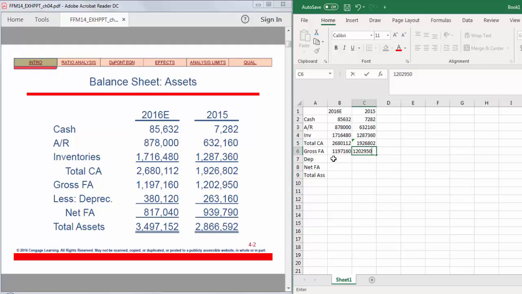Gross fixed asset 1,197,160 and 2,295,0, depreciation 380,120 and 263,160. So this is going to be the fixed asset minus depreciation, and then this would be gross fixed asset minus depreciation.